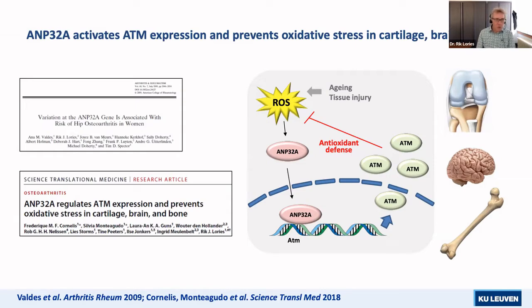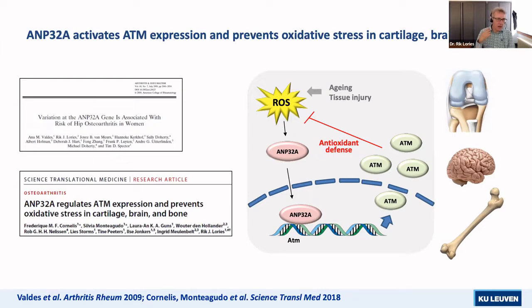And actually, we started working on ANP32A back in 2007, leading to a paper in 2009 in one of the very first genome-wide association studies that was run by Ana Valdes and Tim Spector. They found a potential location close to the ANP32A gene, which gave some signal.